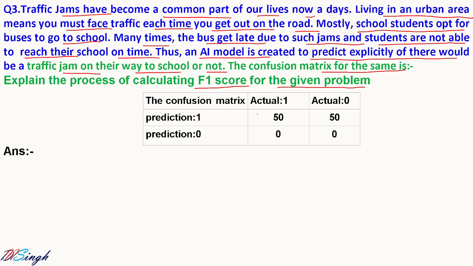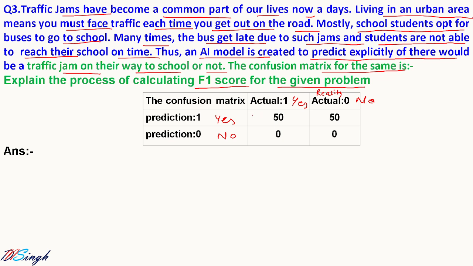We have the confusion matrix here. If you remember, 1 is equivalent to yes, and actual is equivalent to reality, and prediction is written the same, and 0 is equivalent to no. So again, for prediction, here it is yes and here it is no. So what are these cases?